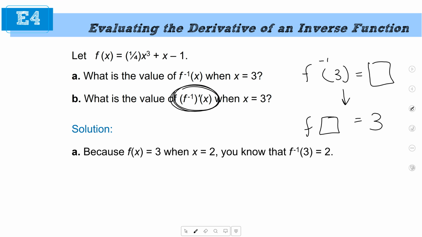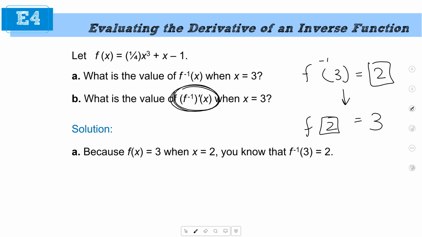So I said, what value of x will give me f of x equal to 3? I set that equal to 3, and I did some math magic, and I ended up with 2. You'll have to trust me on that. That's not a crucial part of the problem, but this allows me to fill this in and to fill that in. So what the problem is saying is, what's the slope of the tangent line to the inverse when x equals 3?